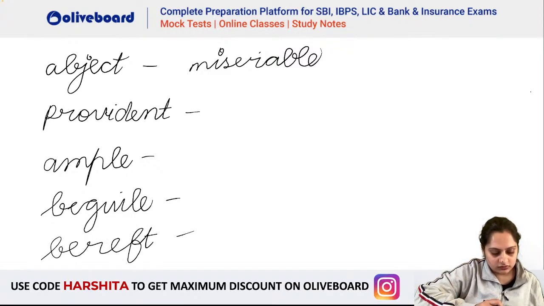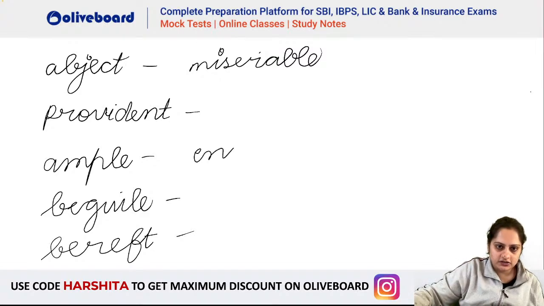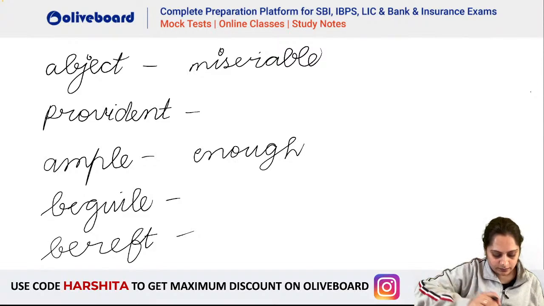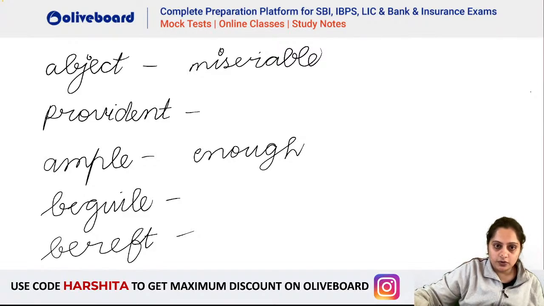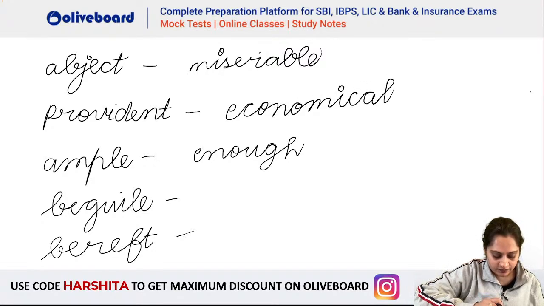Okay. Ample, enough. Okay. Correct. Ample, enough. Yes. Very good. Provident is economical. Manjeet, very good. Okay. What is beguile and bereft?